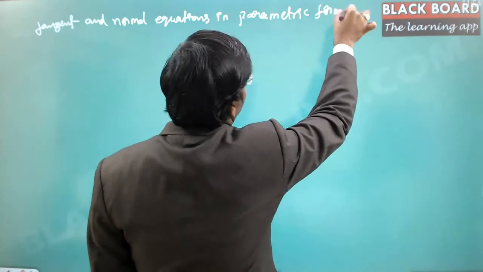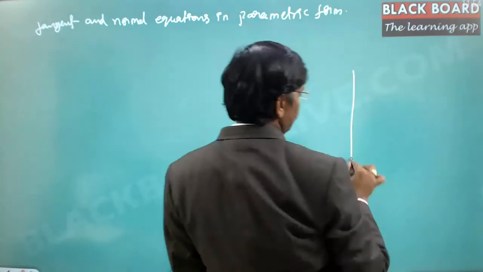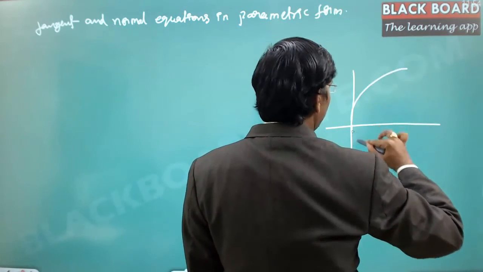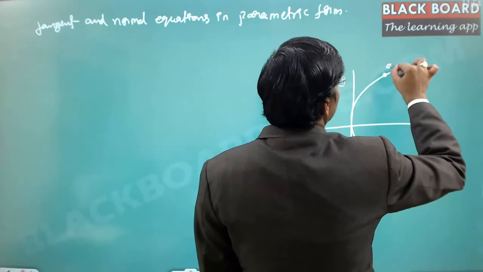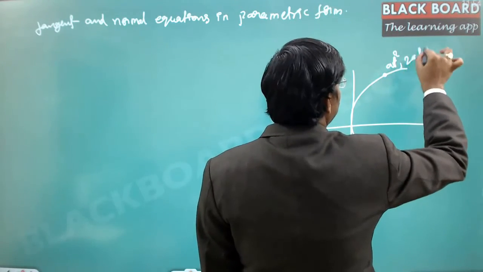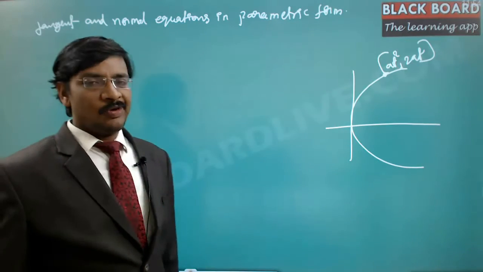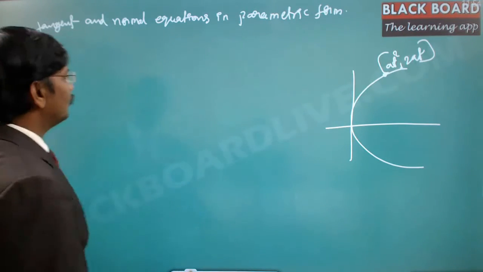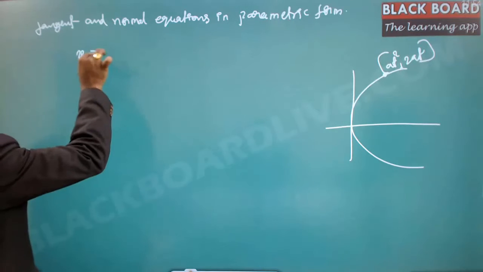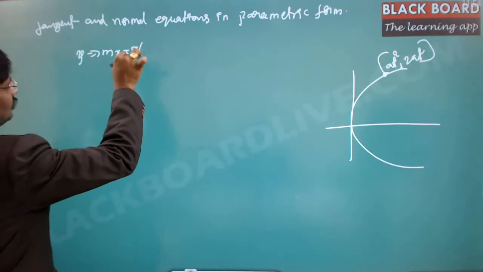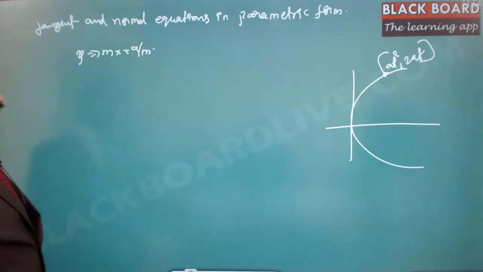The parametric form is nothing but at square, 2at, which is the point on any particular parabola. So at square comma 2at is the point on the parabola. Now you know that y is equal to mx plus a by m is always a tangent to that particular parabola.